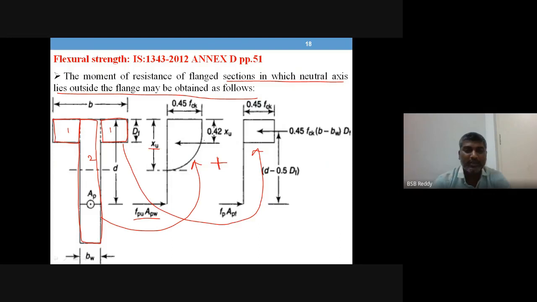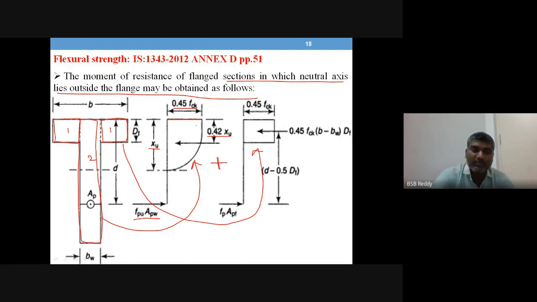Xu is again the same old notation. 0.42 Xu is the depth of the compressive force from top. 0.45 fck is the compressive stress after applying the material factor of safety of 1.5.